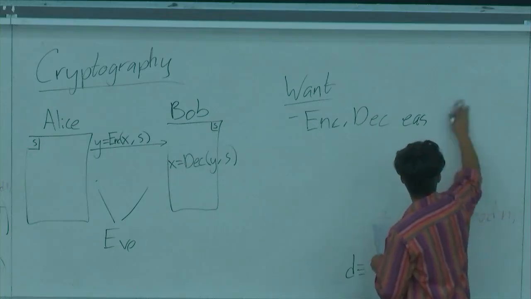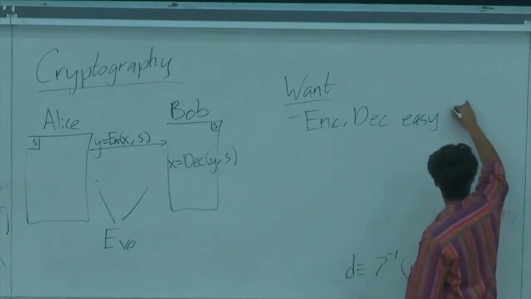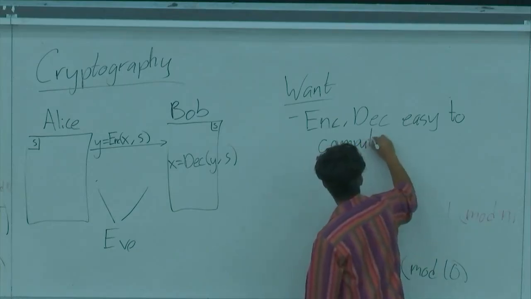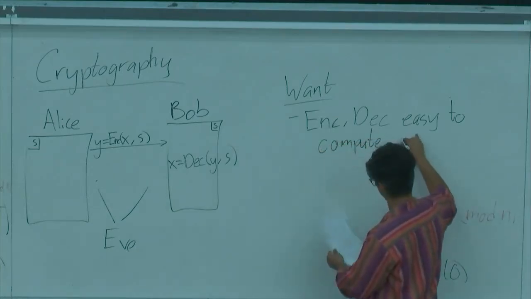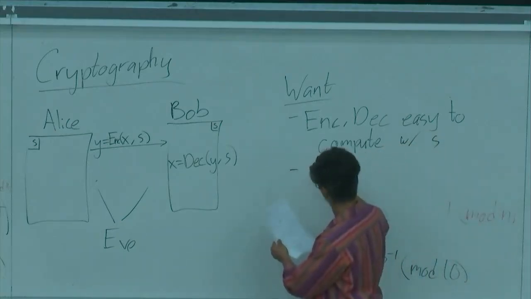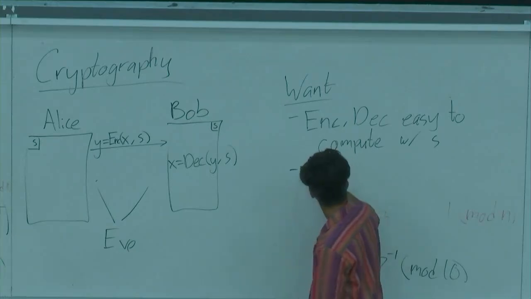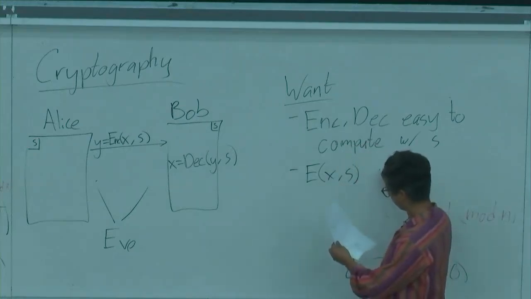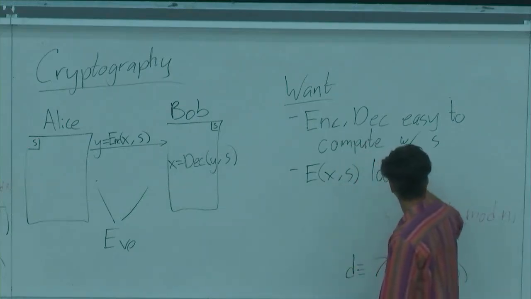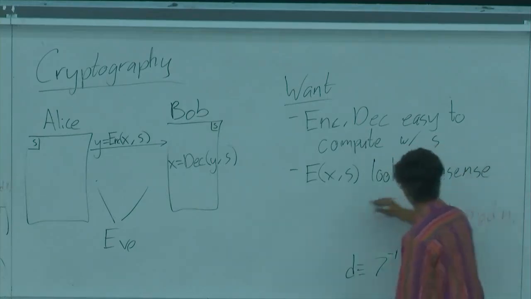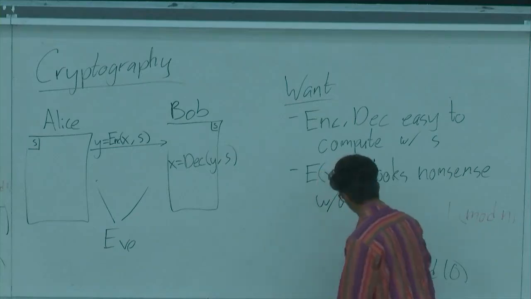That is, they're easy to compute if you have the secret S. And the other thing we want is that if you look at the encryption, it looks like nonsense without S.